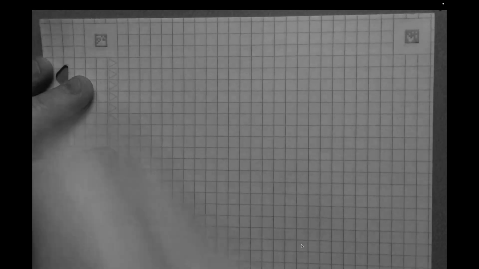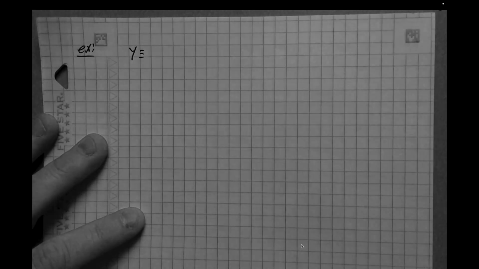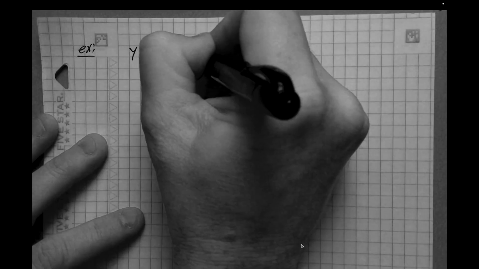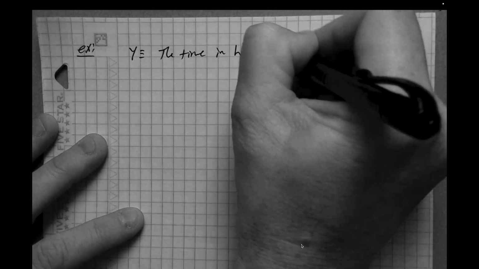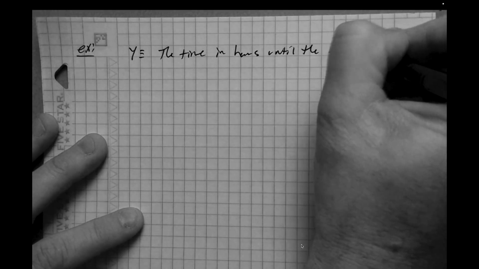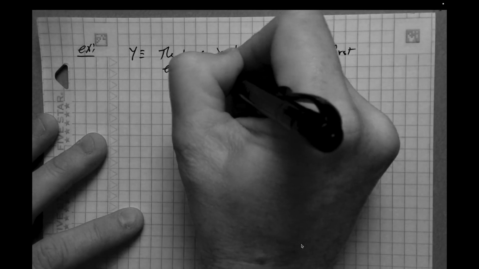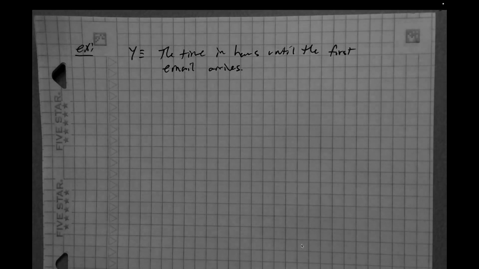Let's do another example. Let's say that y is the time in hours until the first email arrives. Well, by the same kind of logic, this is going to be a single Poisson process, and so we would just decrement the parameter a little bit.